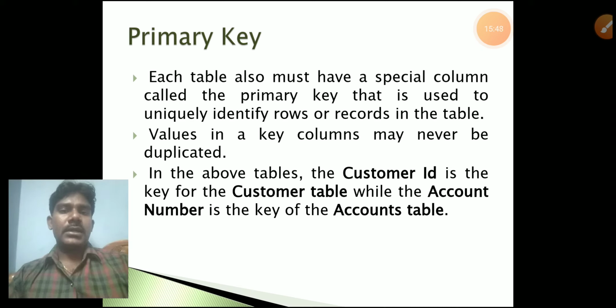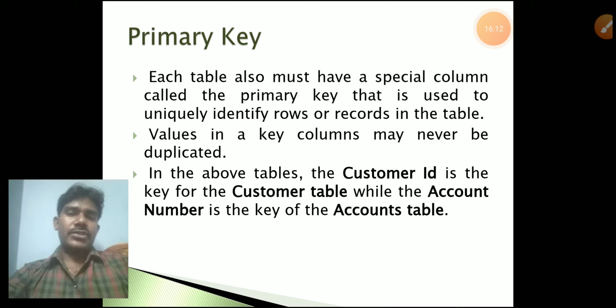Next, the account table, which one is the primary key? Account number. In the customer table, customer ID is the primary key, and that column is the primary key. Next, in the account table itself, account number is the primary key.